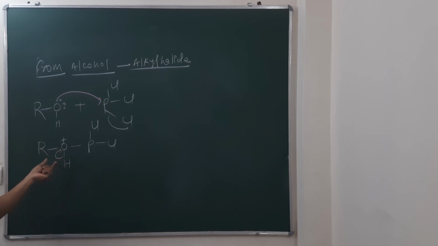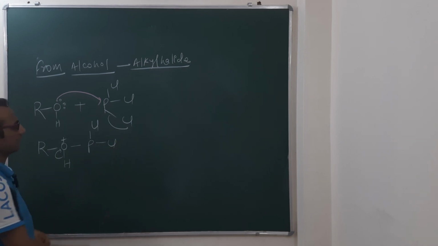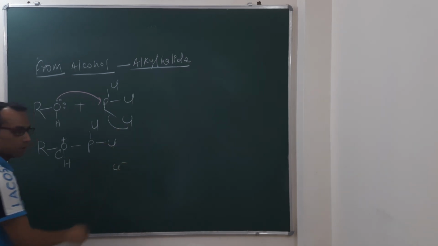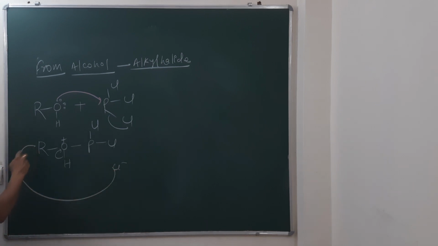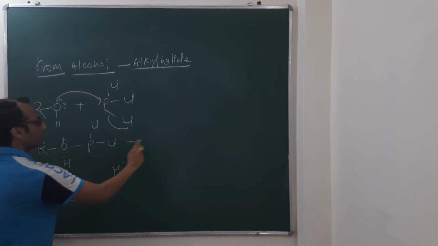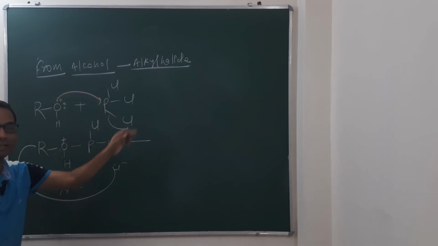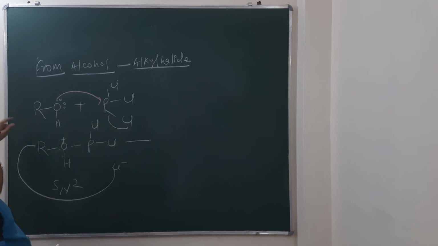So what happened, students? The chlorine which left its position acts on the carbon by the SN2 mechanism. When the oxygen attacks the phosphorus, at the same time chlorine leaves, and that chlorine attacks from the backside. Why backside? Because oxygen is unstable here, as it has three bonds, so oxygen will take the electrons from the carbon.